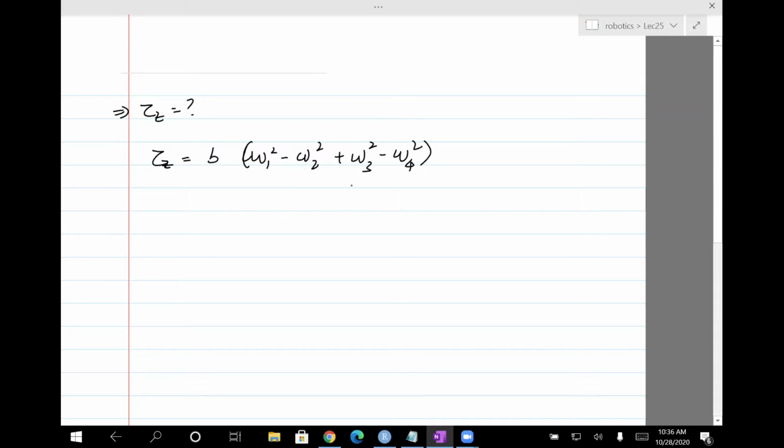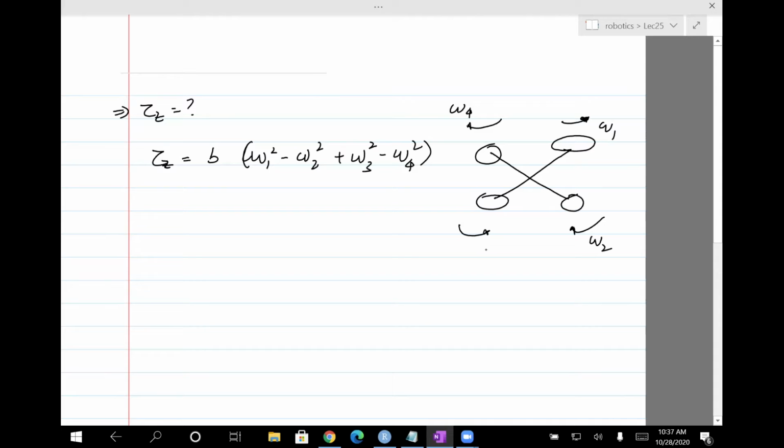So you can think of it this way: let me redraw the figure here. If you look at the quadcopter, I showed you that omega 1 is this way, omega 4 is the other way, omega 2 is also this way, and omega 3 is counterclockwise as viewed from up.